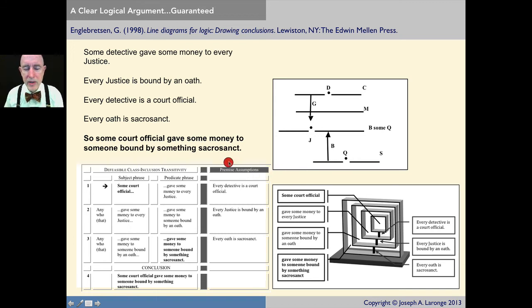And here again we have some logic bridge examples, different formats to show how the start and the finish can still be extracted, no matter how complicated it looks. And it's always that the subject of the first premise and the predicate phrase of the last premise form the main conclusion.